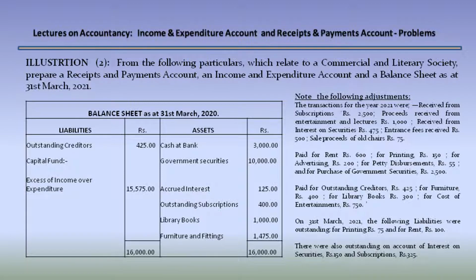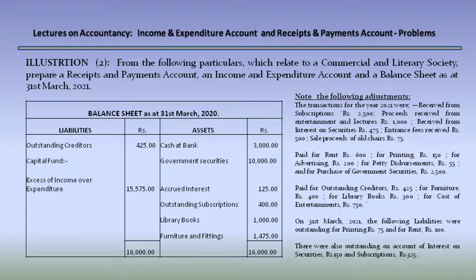It contains liabilities: outstanding creditors 425, capital fund, excess of income over expenditure 15,575. Total liabilities coming to 16,000. On the asset side, cash at bank 3,000, government securities 10,000, accrued interest 125, outstanding subscriptions 400, library books 1,000, furniture and fittings 1,475, total 16,000.